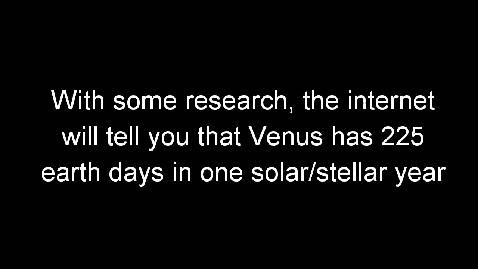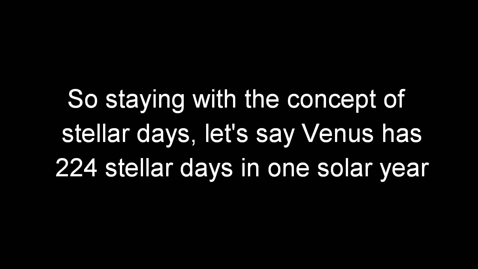With some research, the Internet will tell you that Venus has 225 Earth days in one solar stellar year. With further research, you can calculate that this is only 224 stellar days of a full 24 hours. So, staying with the concept of stellar days, let's say Venus has 224 stellar days in one solar year.